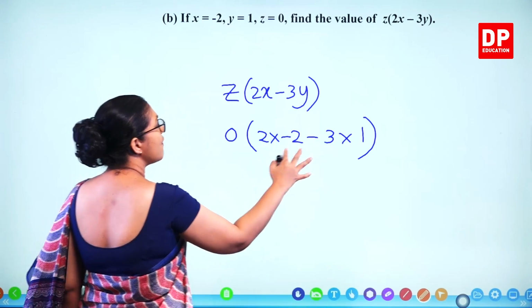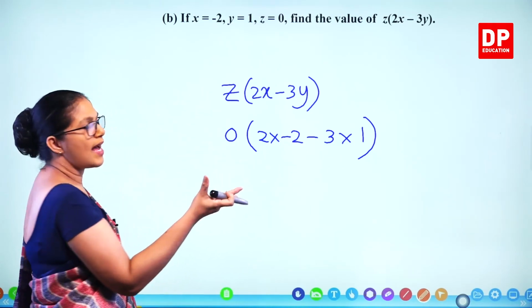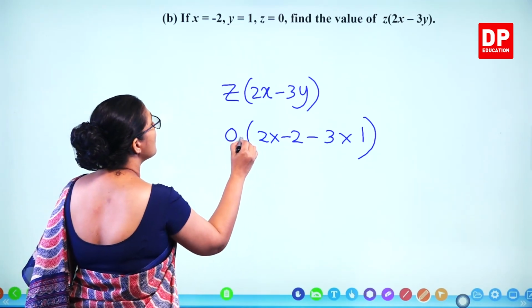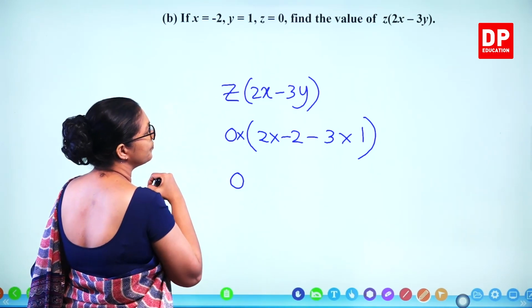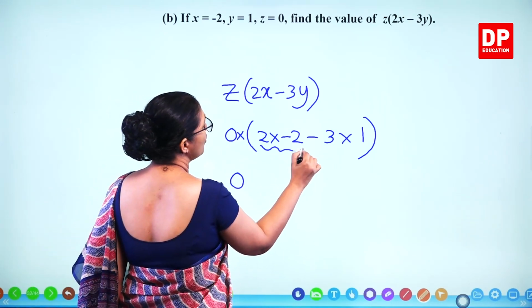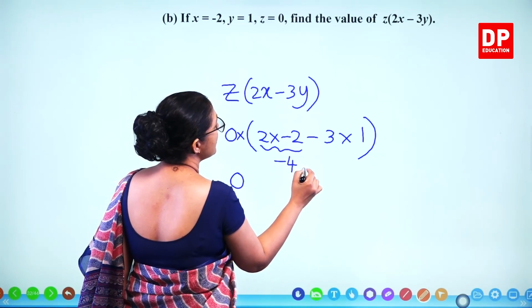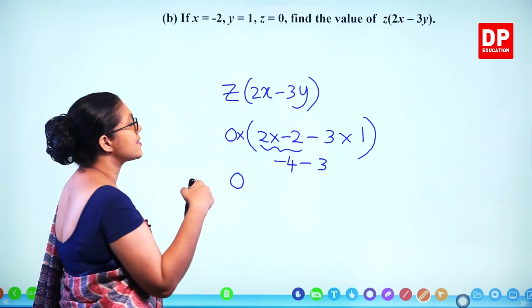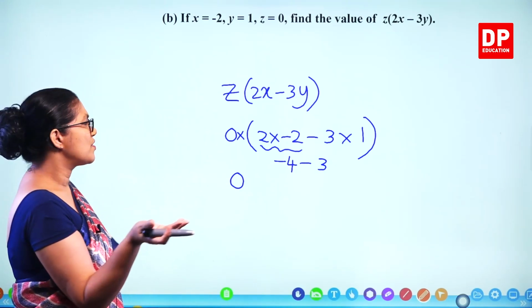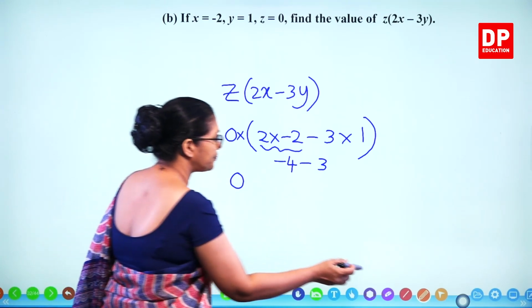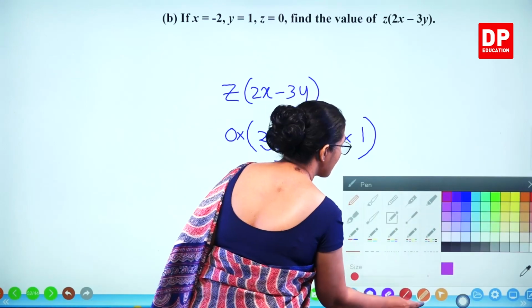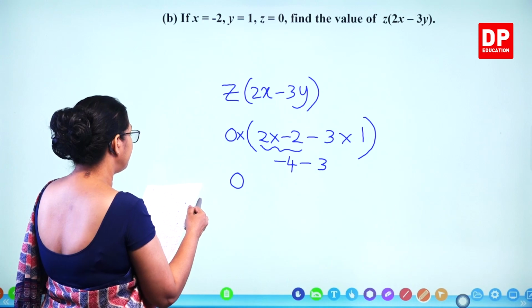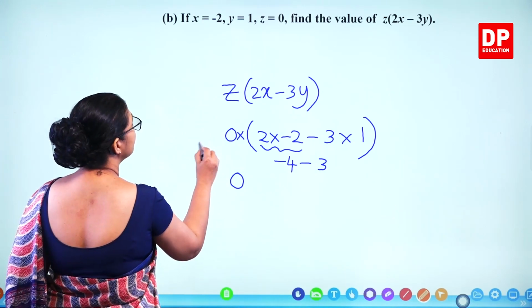But whatever the number you are getting inside, when you multiply by 0, you get 0. So here, if you want, you can just write down minus 4, minus 3. That's minus 7. Minus 7 times 0, 0. How many marks for that? 2 marks.